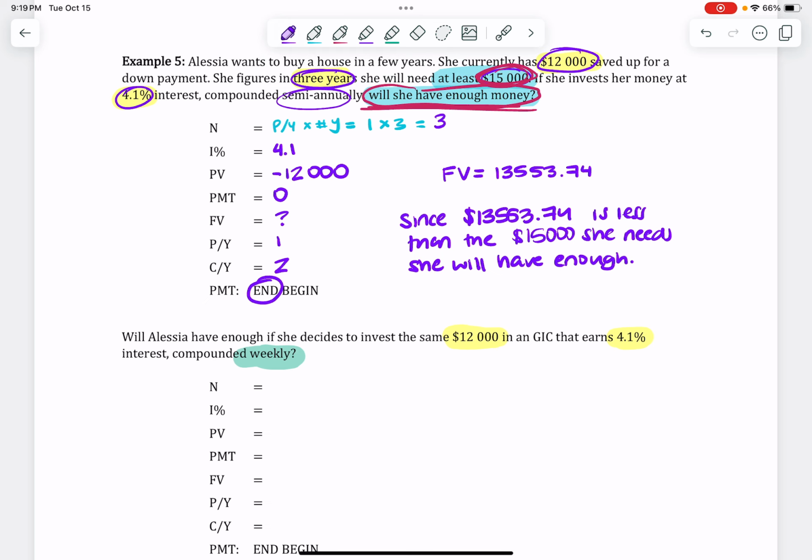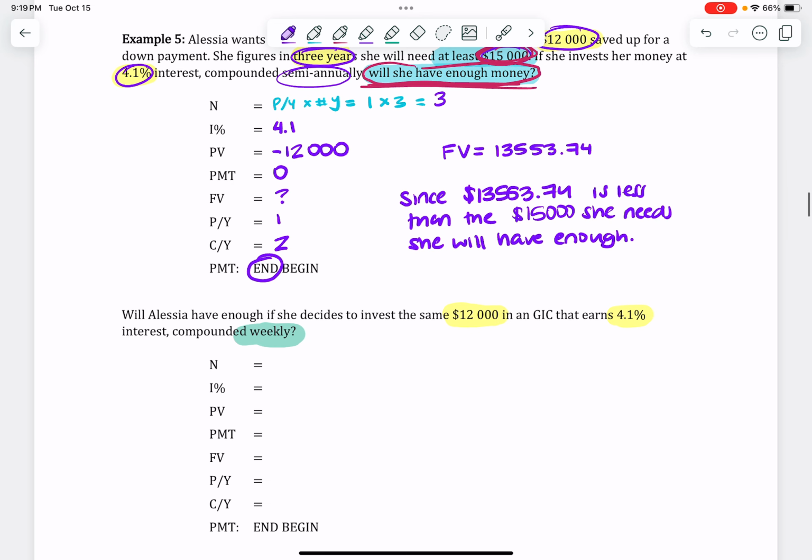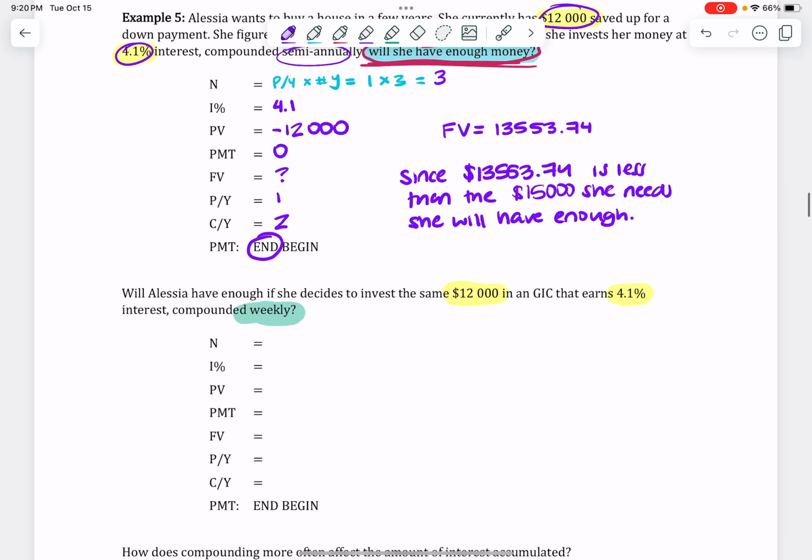Which means when I plug things in, I'm essentially plugging in the exact identical thing, except instead of a CY of 2, I'm taking a look at CY of 52, which tells me about my weekly. So I'm going to go ahead and just straight up copy everything down from above, just changing CY.